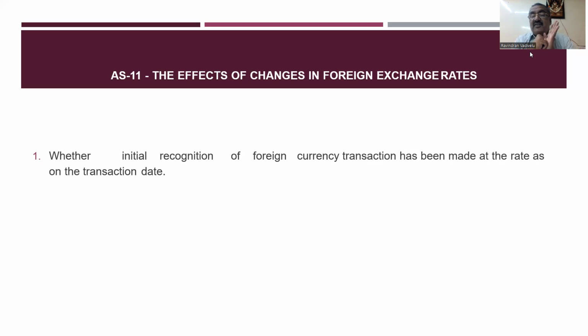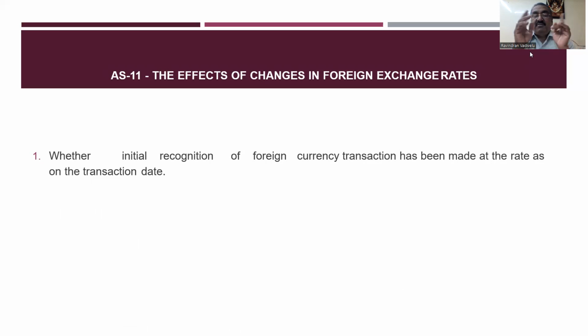Suppose you are transferring the funds today, or receiving the funds today, that is called the value date or transaction date. What is the rate on the transaction date? And there is the contract date rate.